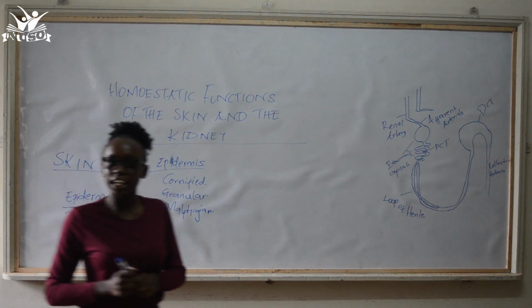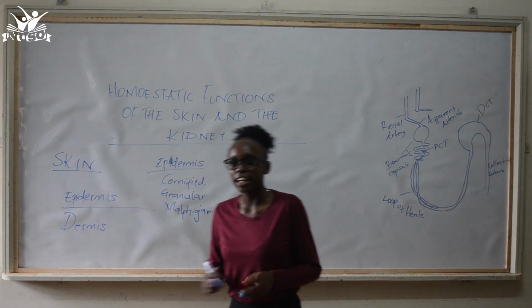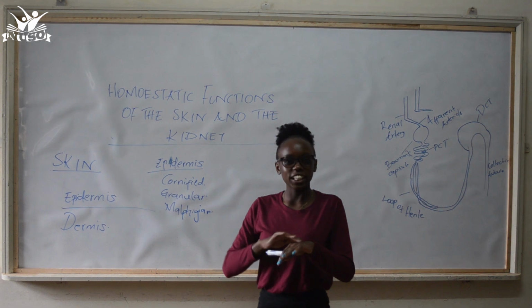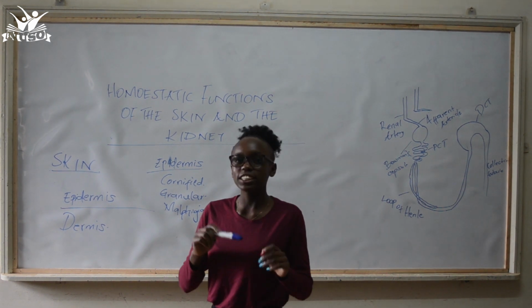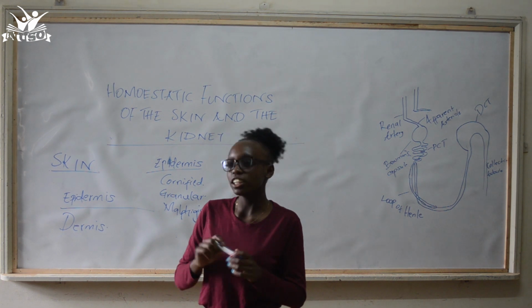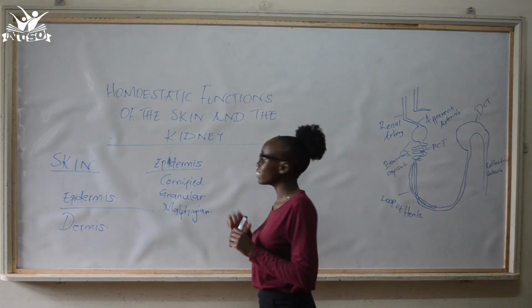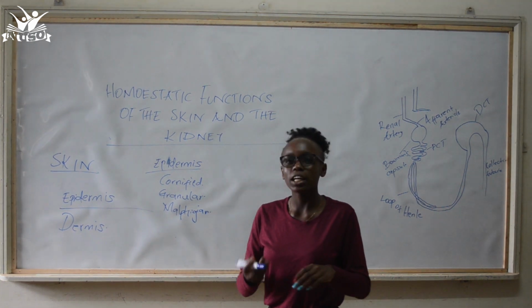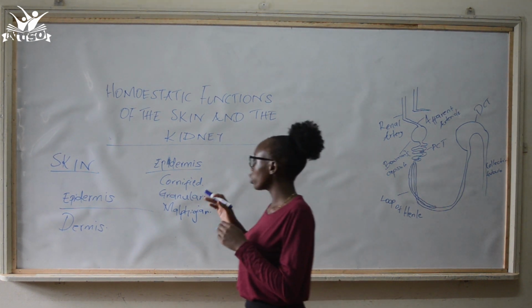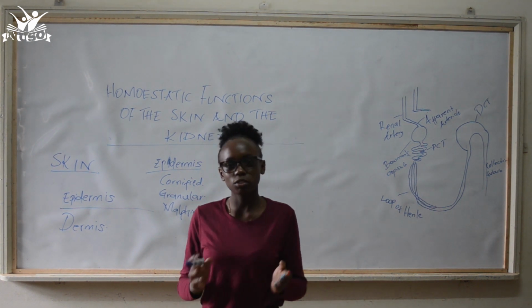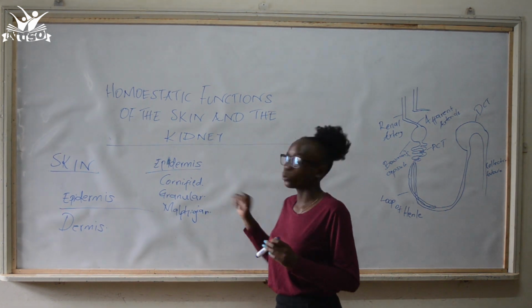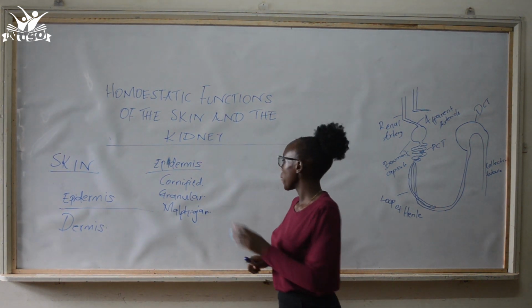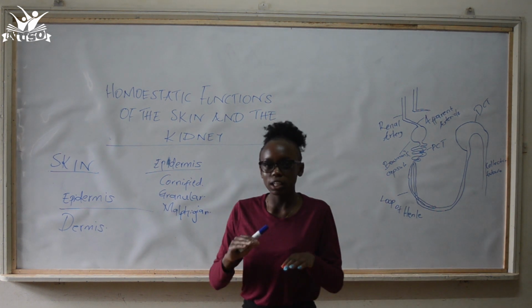The conified layer is the outermost layer. This layer consists of dead cells, and it also contains keratin. Keratin functions to prevent entry of microorganisms in the skin. It also protects the internal structures of the skin, and protects the skin against damage from ultraviolet rays.